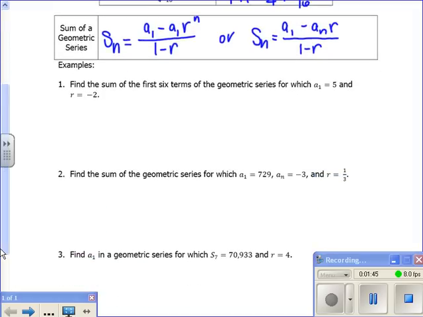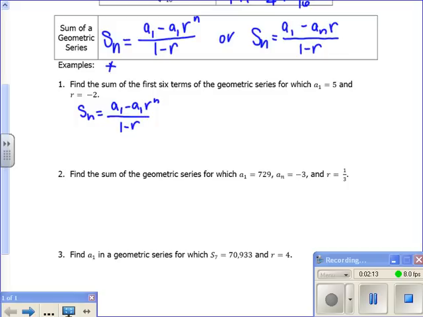So let's take a look at some examples, and we're going to be playing with both of these formulas. Let's use the first formula on this first one, so I'm just going to rewrite it as S sub n equals a sub 1 minus a sub 1 times r to the n, all over 1 minus r, so that you know in your notes which one you used. Number 1 says find the sum of the first 6 terms of the geometric series for which a sub 1 is 5 and r is negative 2.